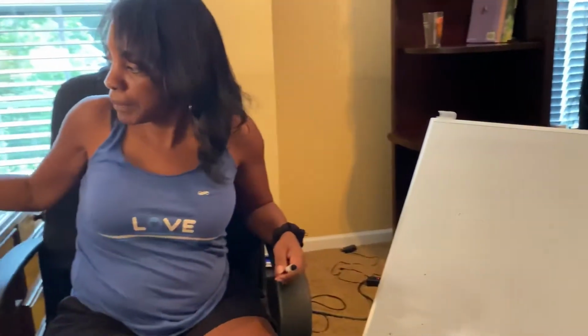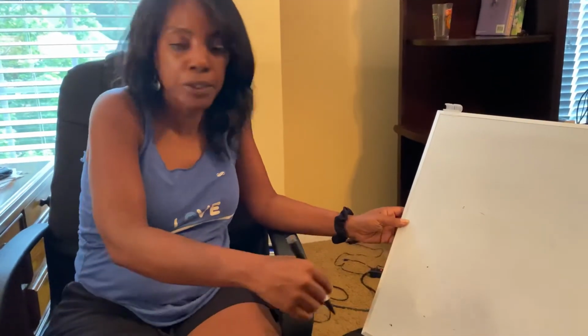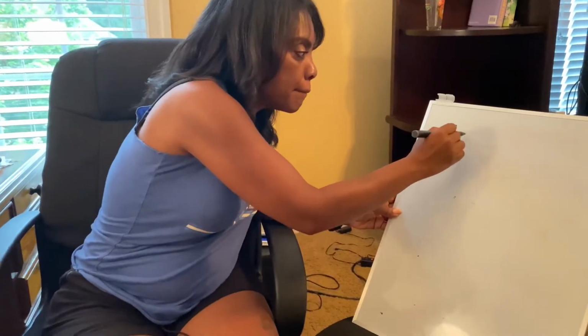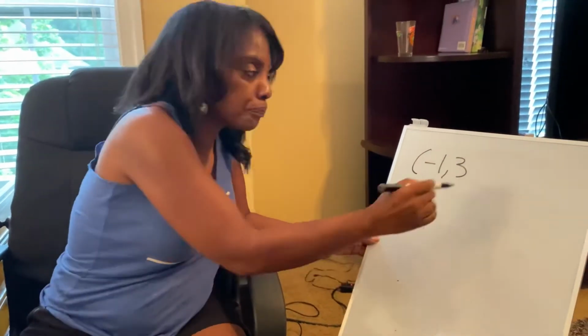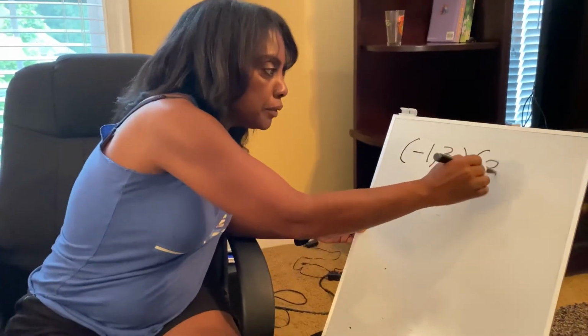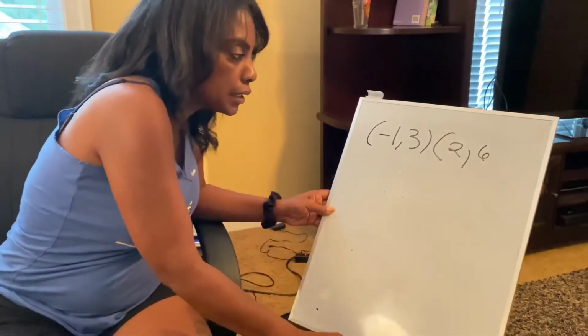The next problem that we're going to be solving is we're going to need to find the equation of the line using 2 coordinates. And those coordinates are -1, 3 and 2, 6.